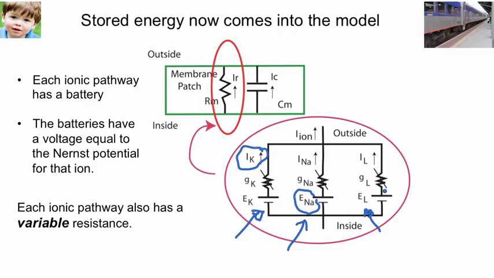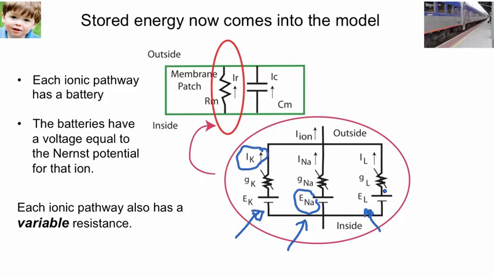As you know, Ek and Ena are the equilibrium voltages for potassium and for sodium. As you know from the work we did in an earlier week, Ek is a negative number and Ena is a positive number. So these batteries have quite different voltages.